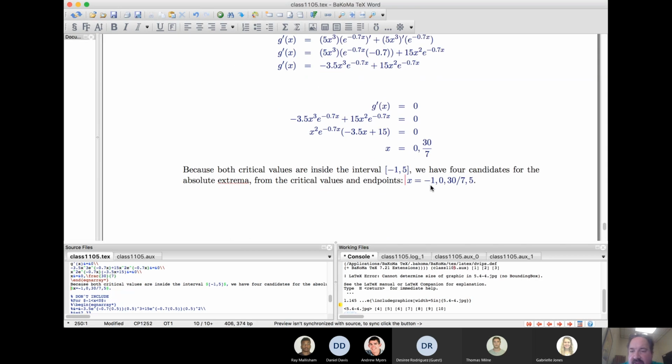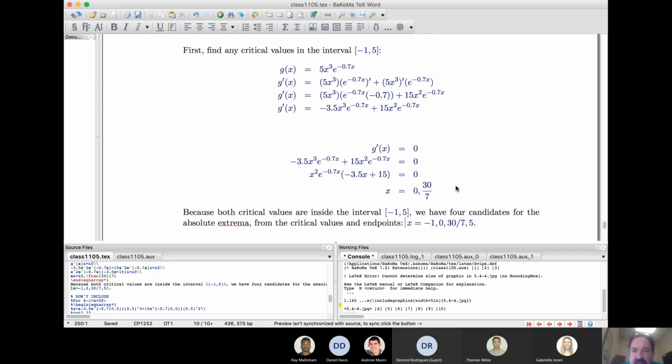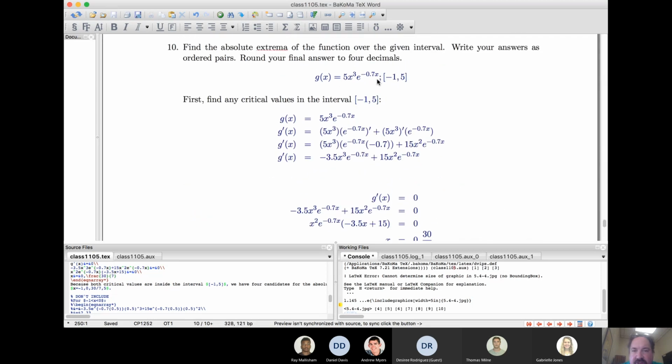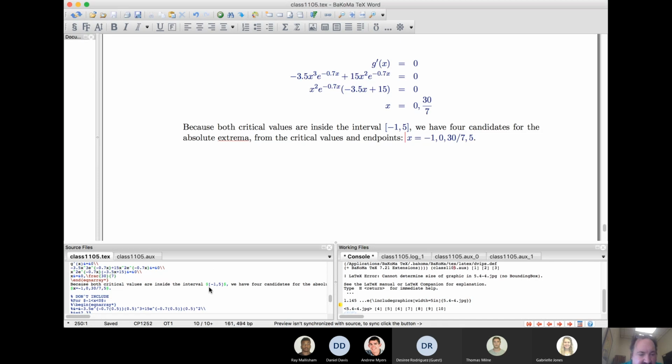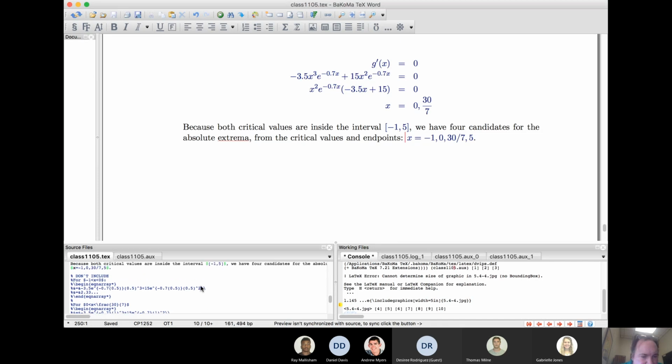So these are just in order from left to right. These are the x values we need to substitute into the original function. And so the largest one is the absolute max, the smallest value is the absolute min. And this is something that you would use your calculator for.